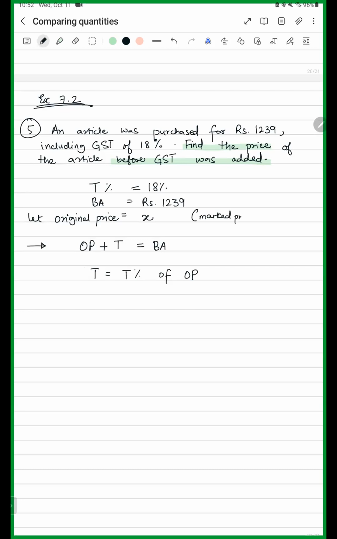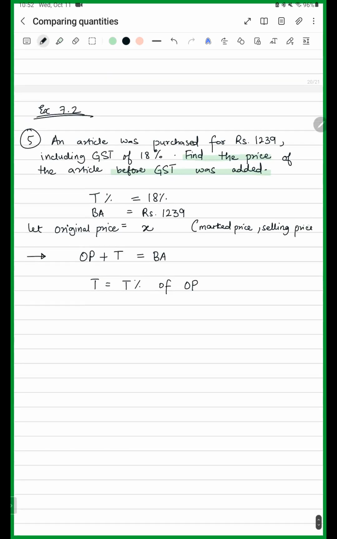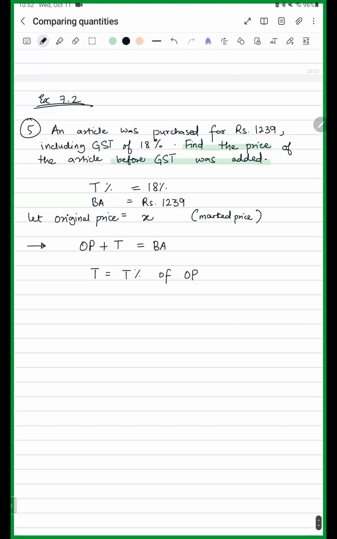We have to find the tax first, so it will be 18 by 100 into OP. What is OP? Original price is X. So this is your tax. Now we don't know X, so we cannot solve this yet.